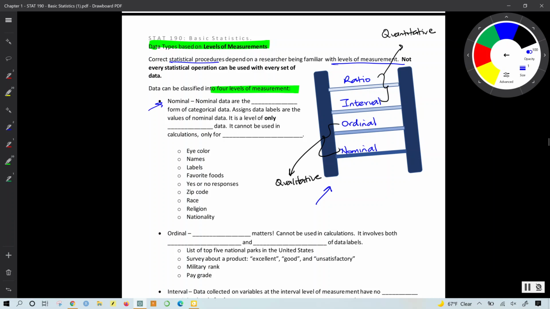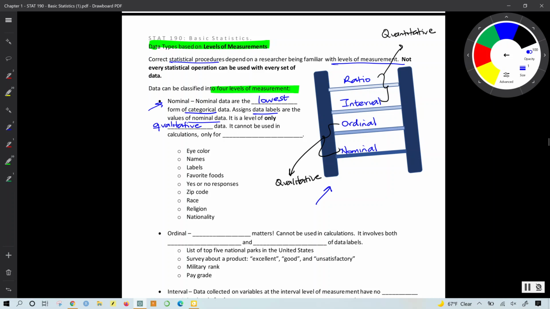So, for nominal variables, they are data collected, or nominal data, on variables that are only used to name or to group. No ranking is involved, and they are the lowest form of categorical data. All they do is assign data labels, and it is the level of only qualitative data for naming or for grouping.